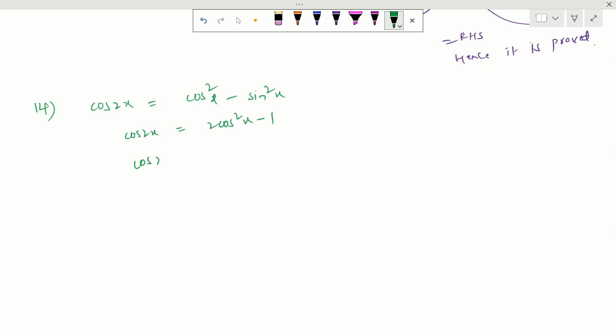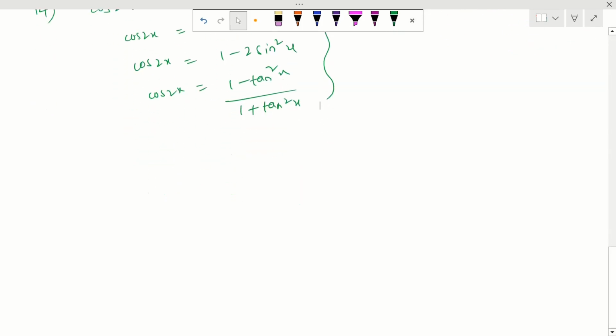And also cos 2x is 1 minus 2 sin square x. And also cos 2x is 1 minus tan square x divided by 1 plus tan square x. All these we need to prove.